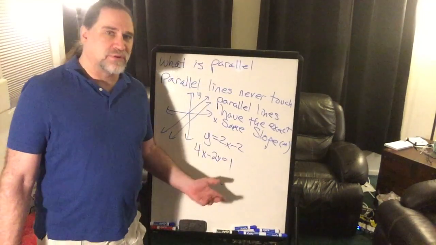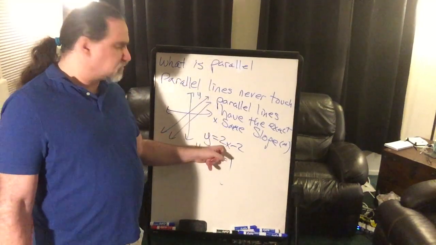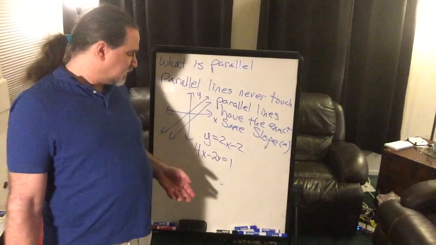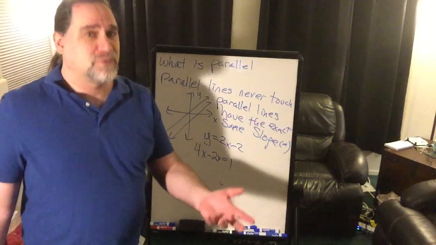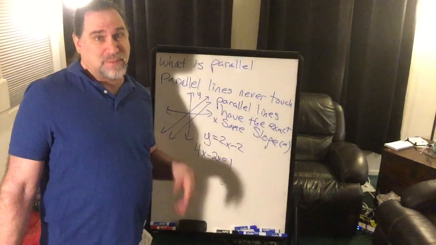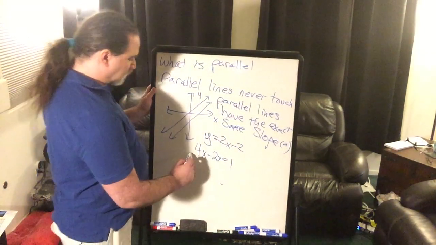And you say, are those parallel? How do I tell? One's in slope-intercept form, so I know the slope. The other one's in standard form. Now you understand another reason why I need to be able to rewrite the equation from standard form into slope-intercept form. So that's what I'm going to do.